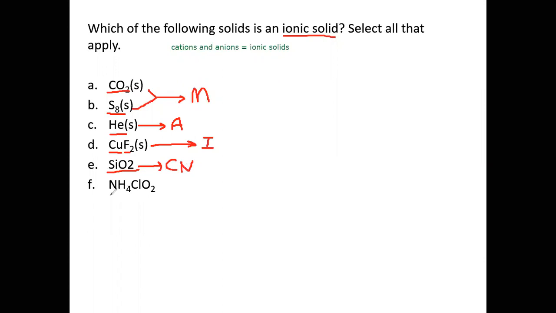And then lastly, we have ammonium chloride. Ammonium chloride contains ammonium and chloride. This is a cation and an anion, so this is also an ionic solid.